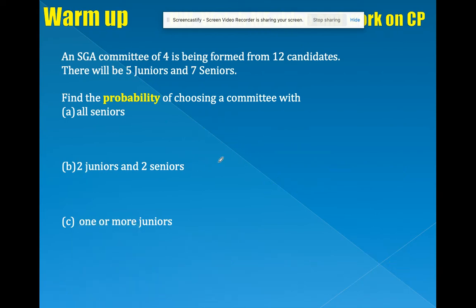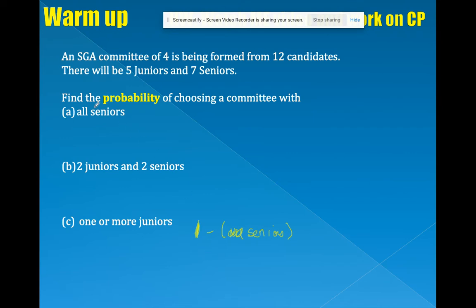So 1 or more juniors is the same as eliminating the probability of all seniors. So all my probability minus the probability of having all seniors.